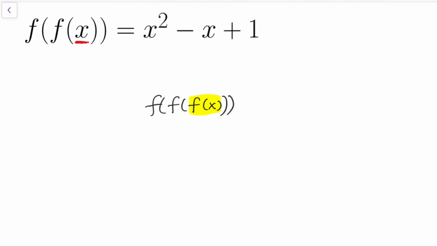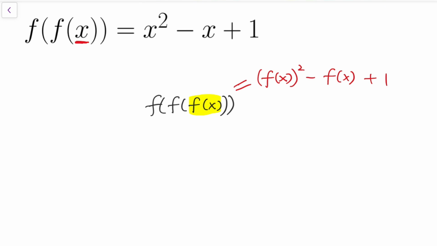And so on one hand, that is equal to f of x all squared minus f of x plus 1. So that's the first way of rewriting f of f of x.